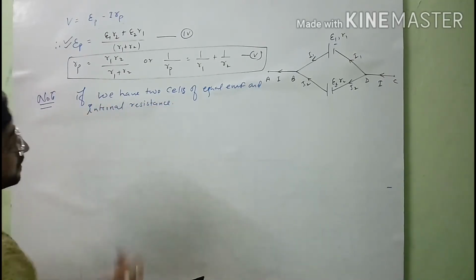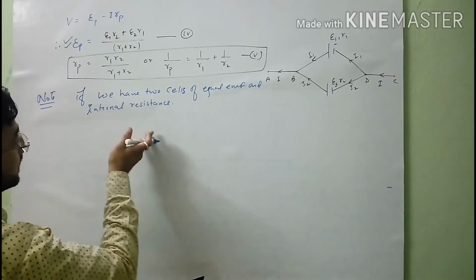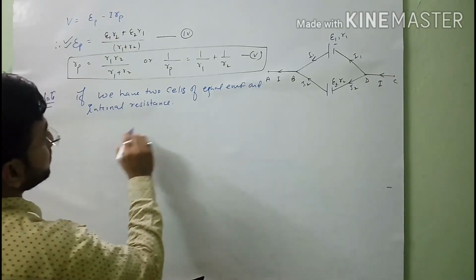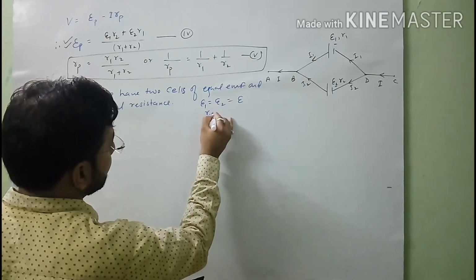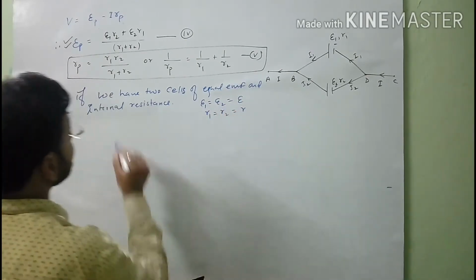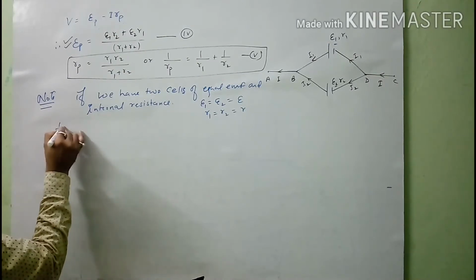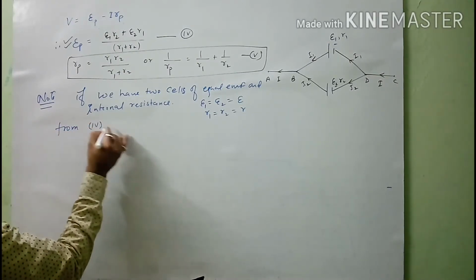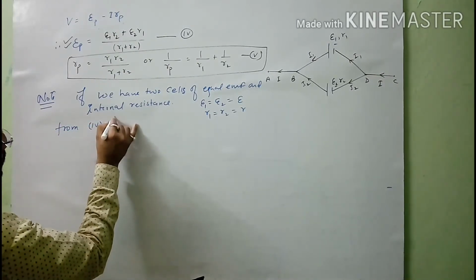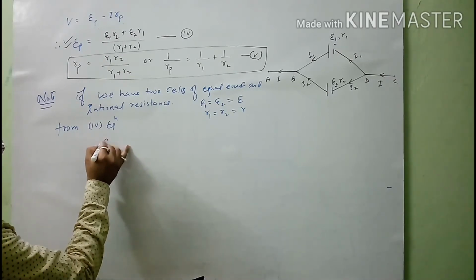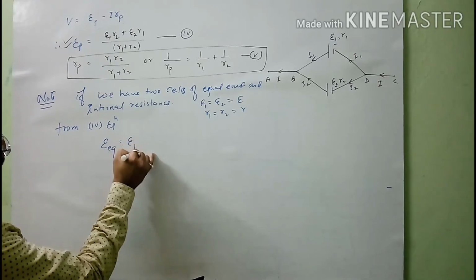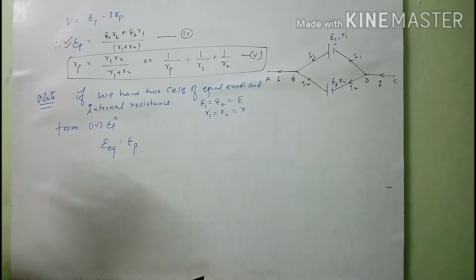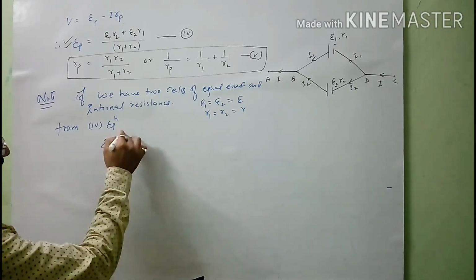Clear? If EMF is equal, it means that internal resistance will also be equal. So that time we can write epsilon 1, epsilon 2 is equal to epsilon, and R1, R2 is also equal to R. So from equation 4, the fourth equation, I will write the equivalent EMF in parallel combination. Both are the same, you can use any one.